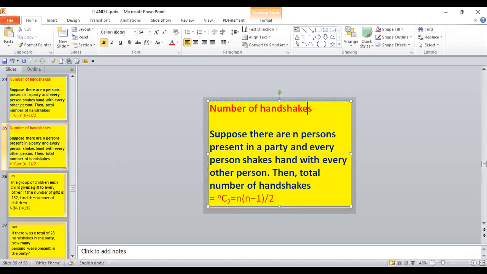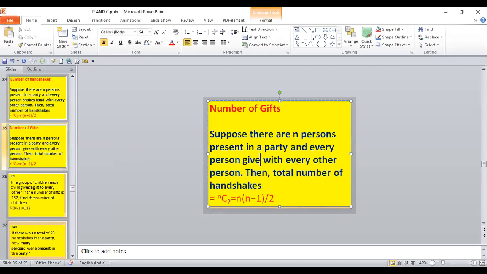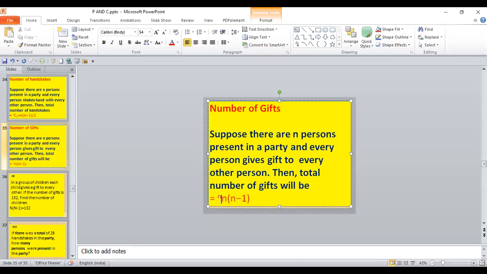Means like if instead of handshakes, I just write number of gifts, gift to every other person, the total number of gifts will be, just remove this 2 from here. Okay, this would help you to solve questions. I've done it for you. I hope you people are able to understand this.